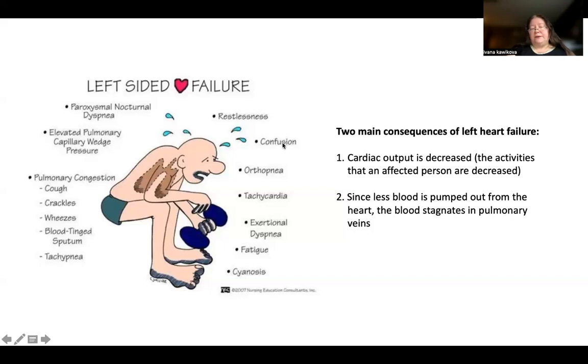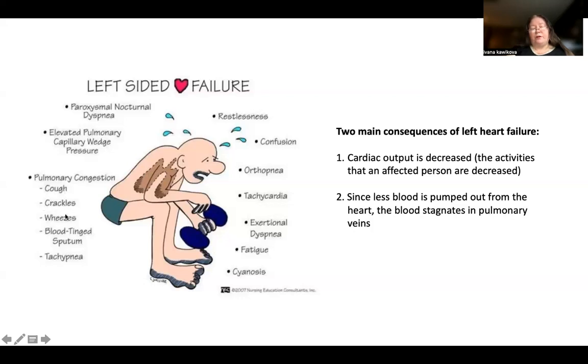They feel tired because they don't have enough blood going. They are poorly oxygenated. Their heart is trying to compensate through baroreceptor reflex, through tachycardia, increasing the heart rate. When physicians or nurses listen to them, you can hear crackles.